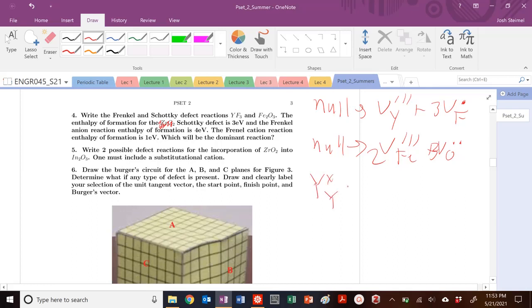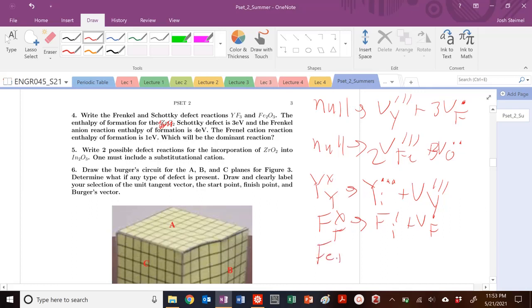For our Frenkel defects, again, we're going to have to write it for each material, for each element. So I'm going to create an interstitial, and I'm going to leave behind a vacancy in Y. And the same thing for F, interstitial plus vacancy F. Charge compensating interstitials and vacancies.